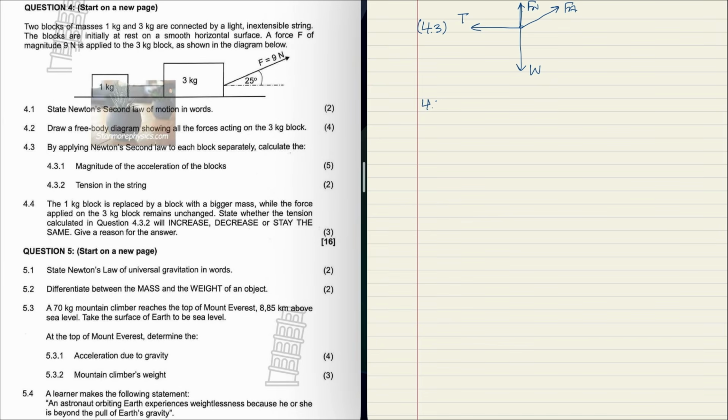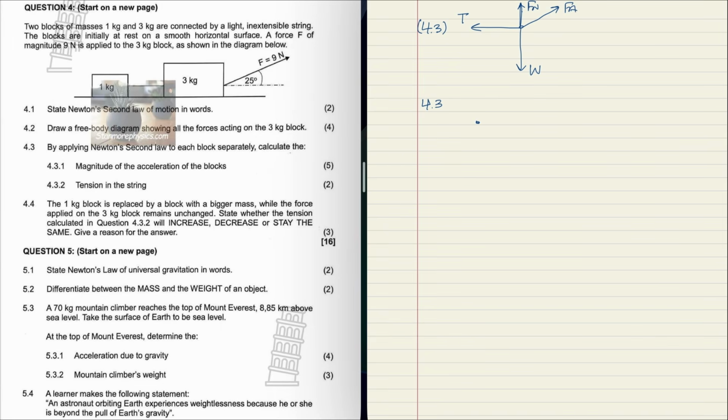Question 4.3. By applying Newton's second law to each block separately, calculate the magnitude of the acceleration of the blocks. So we need to draw a free body diagram of the forces acting on the 1 kilogram block.